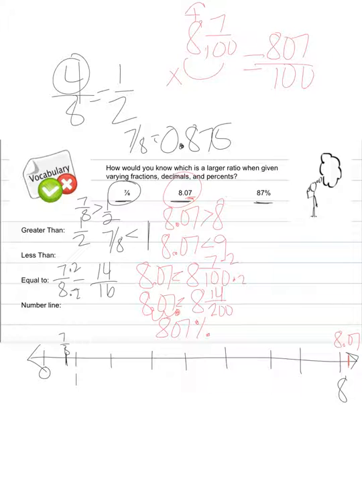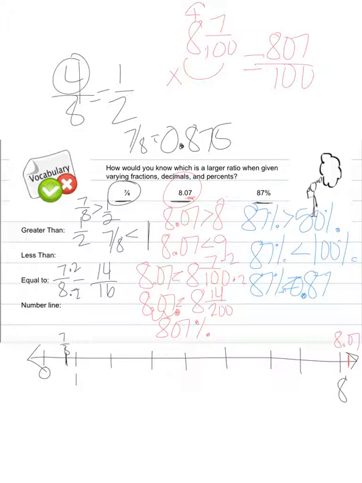And then we have 87%, which is, we know 87% is greater than 50%. We know 87% is less than 100%, or less than 1. We know 87% equals 87/100, 0.87, or we could do 87 over 100. So if we look over here on the number line, I know 7/8 is 0.875.